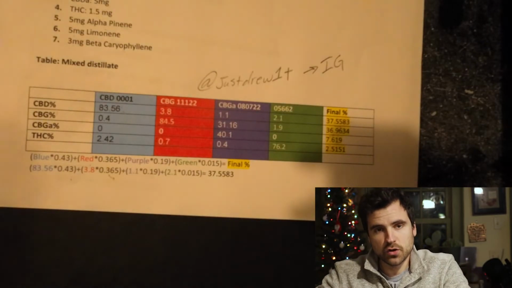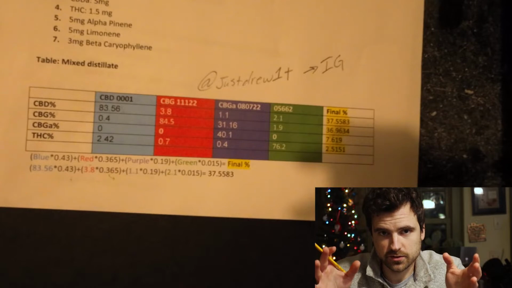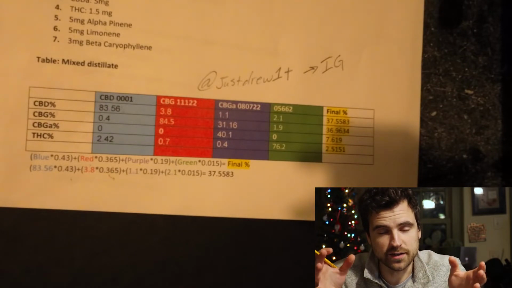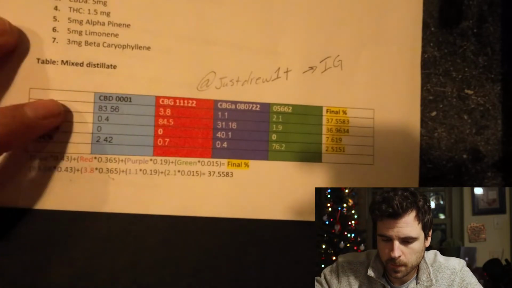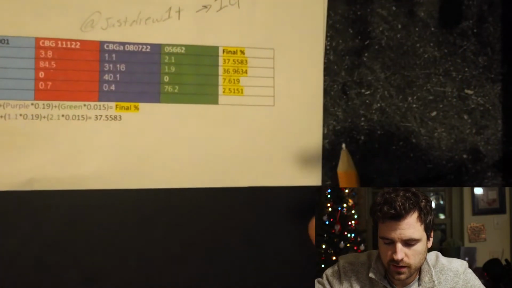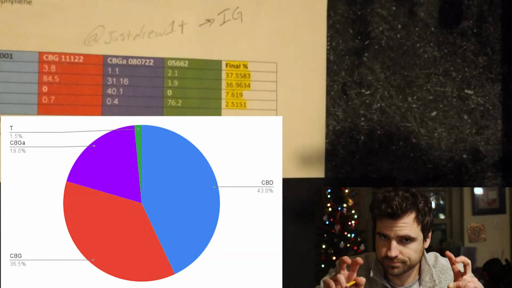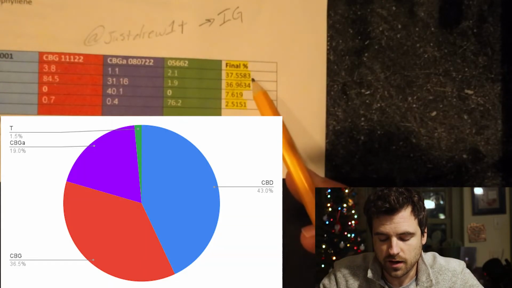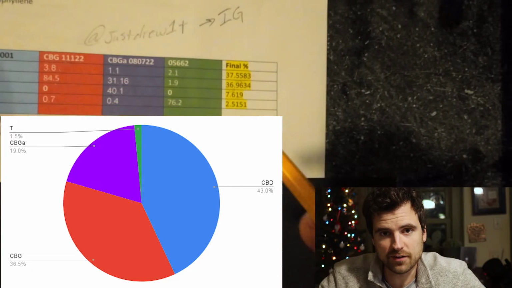To recap, we have mixed 4 different distillates of varying percentages to create this one distillate. And here are our percentages. Remember, I guessed these. When in reality, when you guess yours, you'll have to make adjustments.